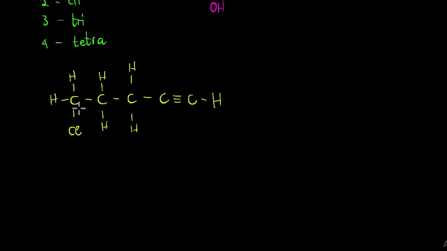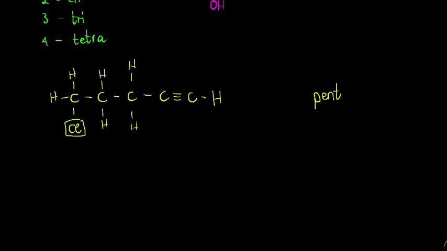So in this example, I have a carbon chain of 1, 2, 3, 4, 5 carbons. So I know I'm going to work with pent. I see on this pent I've got a triple bond, and I've got a chlorine. Triple bond and a chlorine, which one would get preference? Because I'll either start numbering from here or from there.